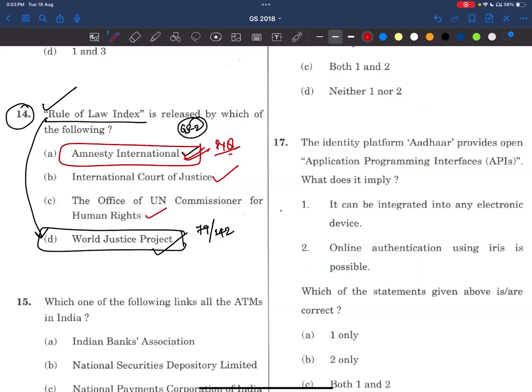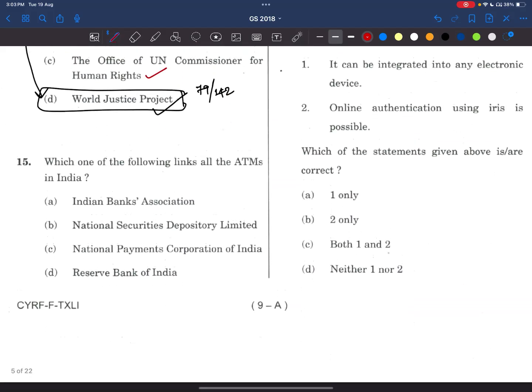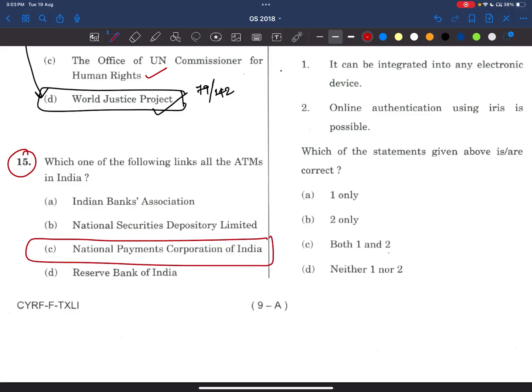Right, now coming to the 15th question. Which one of the following links all the ATMs in India? It is done by NPCI, friends. NPCI was formed on the basis of the guidelines and help of RBI and the Indian Banks Association, IBA, which is given in statement 1.